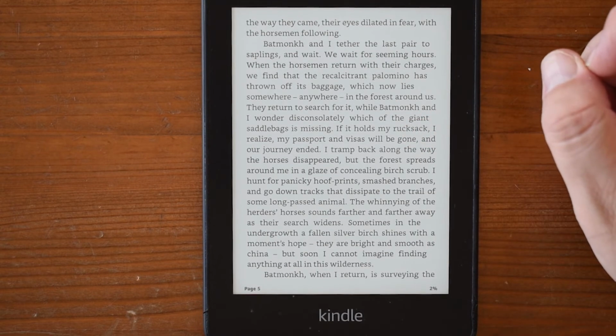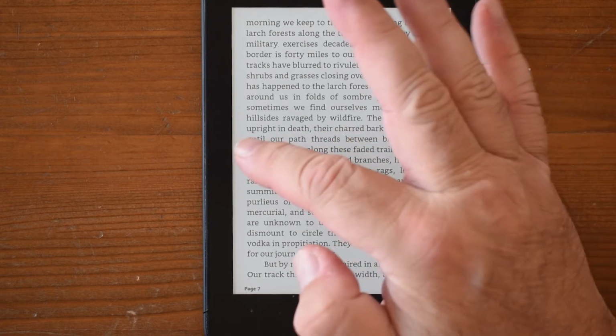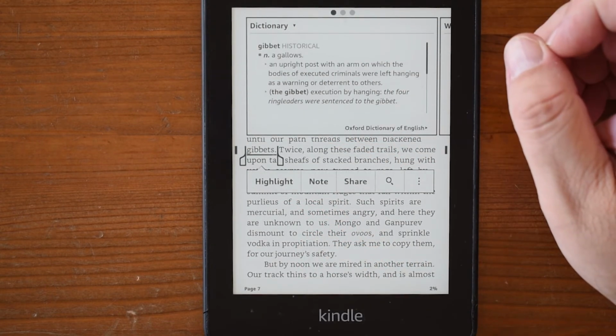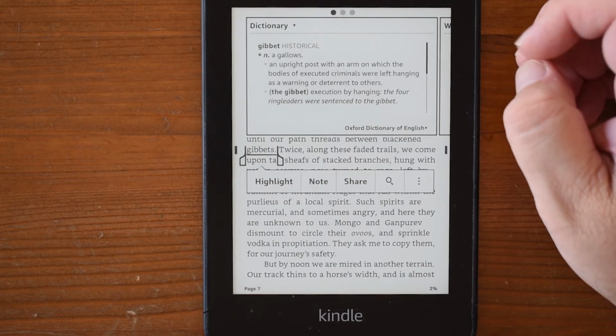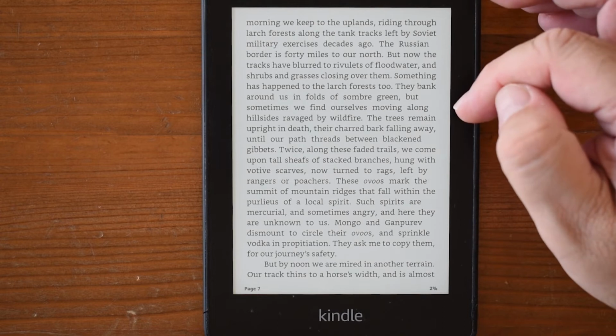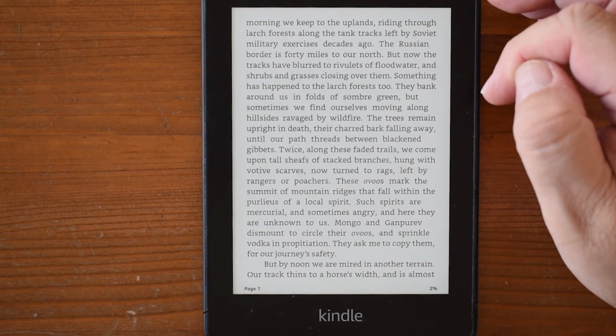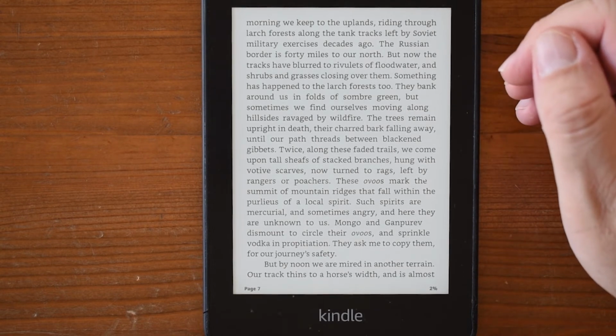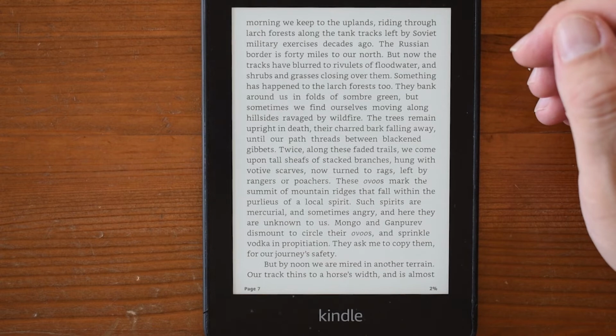Okay, I don't know, gibbets or gibbet. An upright post with an arm on which the bodies of executed criminals were left hanging as a warning or deterrent to others. Okay, so the trees remain upright in death, the charred bark falling away until our path threads between blackened gibbets. So it's kind of like a metaphor or simile.